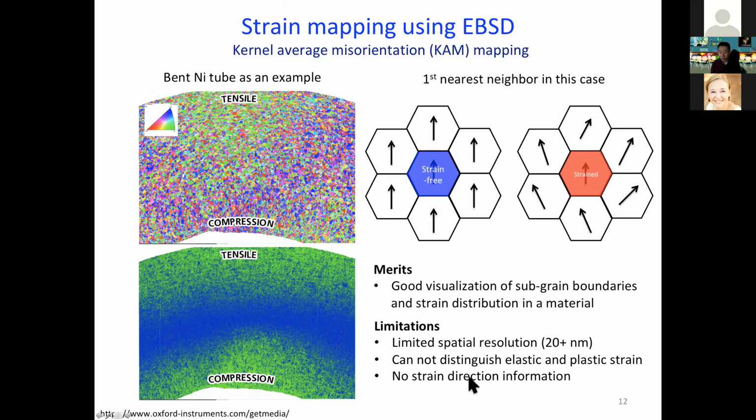The third limitation is there's no strain sign information embedded. Again, back to this example, we know on top is tensile and on the bottom is compression. But in both cases, they are green in color. They just lit up. It doesn't tell us where it's tensile, where it's compressive.